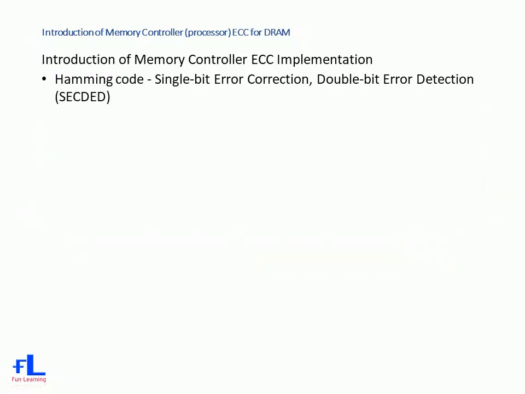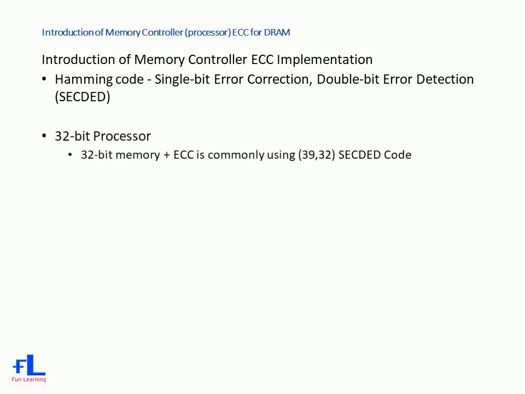The most common computer error correction code is the single-bit error correction and double-bit error detection SEC-DED Hamming code. Modern processors mostly integrate the memory controller into one IC. A 32-bit processor with a 32-bit memory data path width, plus ECC, commonly uses the 39/32 SEC-DED code.